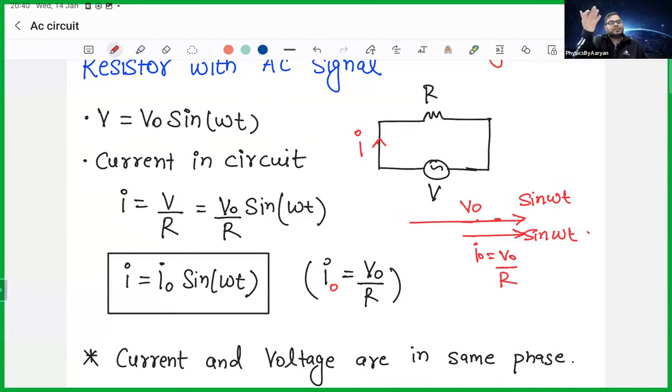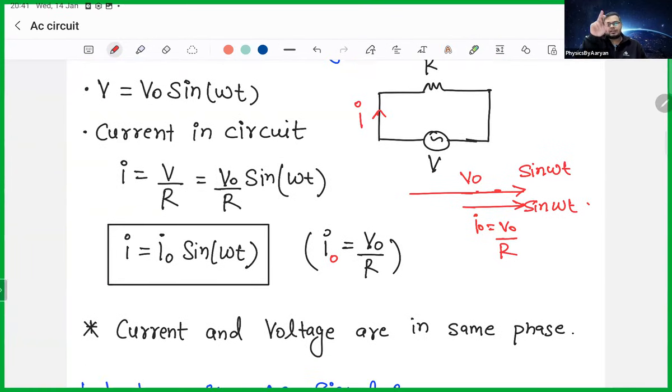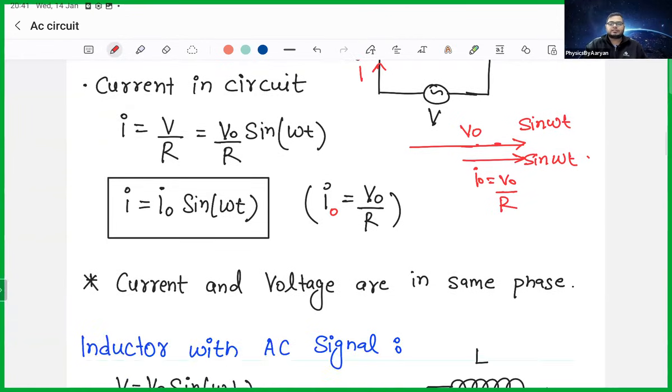Amplitude of the voltage was only V naught, but both are sine. It means both of them are in the same phase. There is no phase difference between them. So if you are having a resistor, it means there is no difference in phase between current and voltage. Current and voltage are in the same phase.